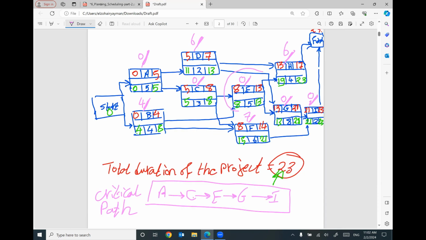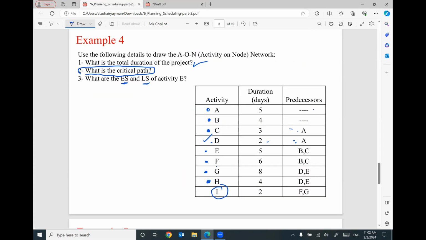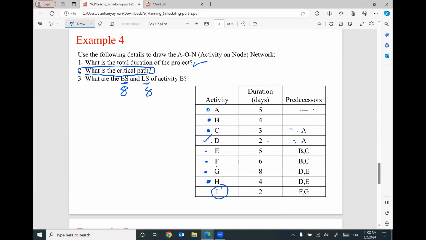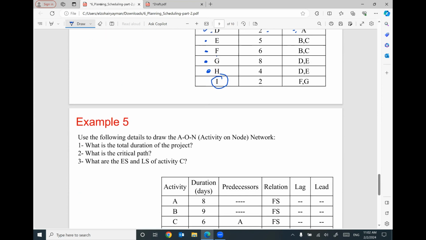This is activity E. This value is early start, this value is early finish, this one is late start, this one is late finish. Whatever you want, you can find. So early start will be 8. Late start for this activity also will be 8. Does that make sense? This is for example number 4.